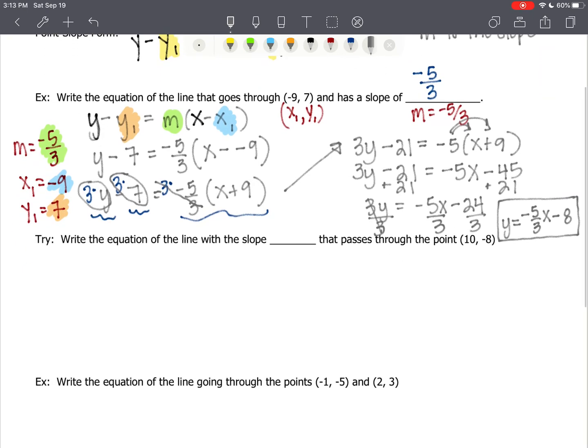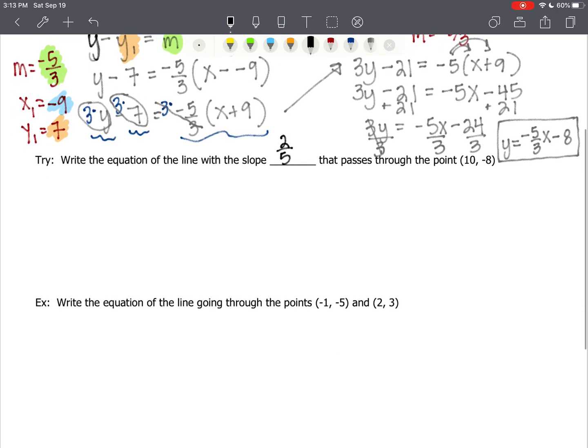Okay, here's one for you to try. Write the equation of the line with the slope 2/5 that passes through the point 10, -8. So go ahead and press pause, and if you need help, you can go ahead and press play.